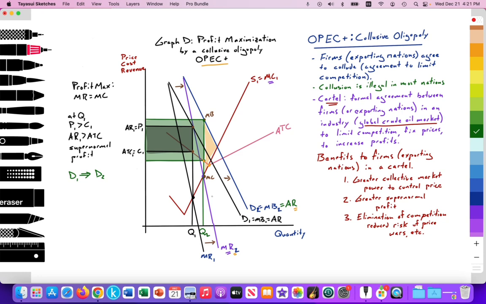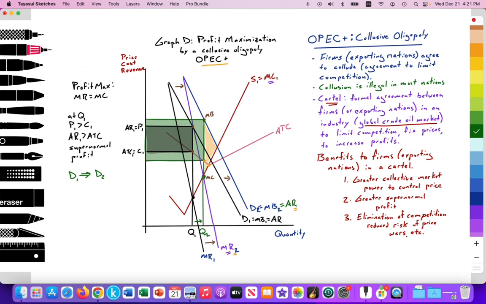Fine. So now we're going to follow that rule of MR equals MC. Here's my MC curve, my marginal cost curve, and it's getting very busy in this model. This purple line right here is my marginal revenue curve. Okay, so MR equals MC right at that point, and that sets output at Q2. So quantity of output is increasing from Q1 to Q2.